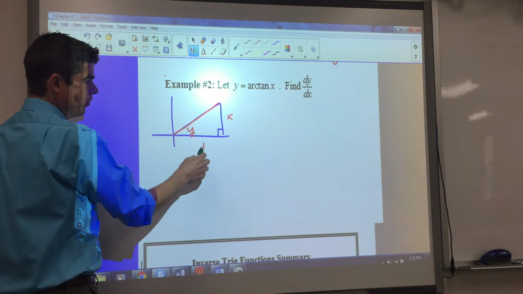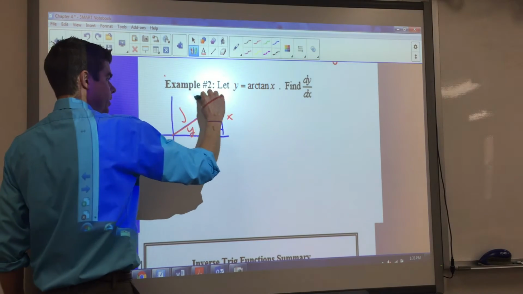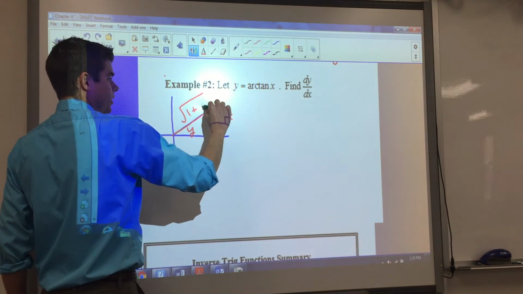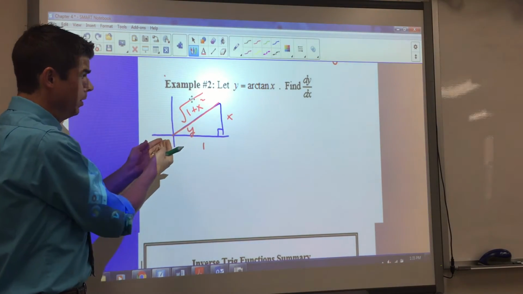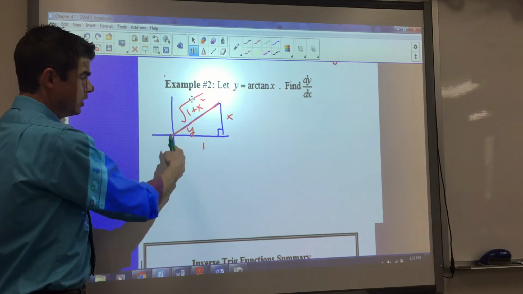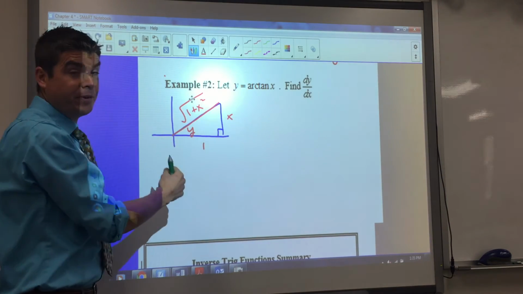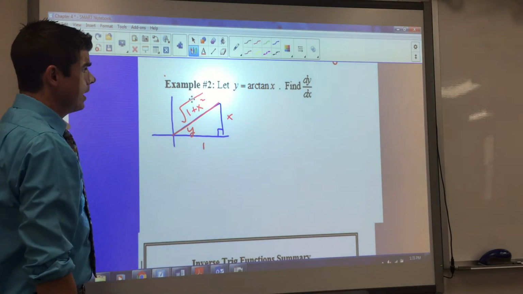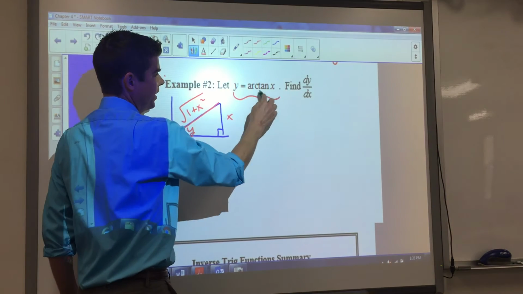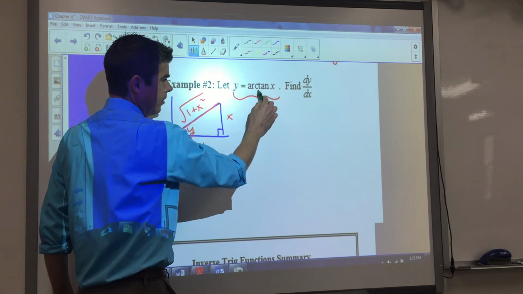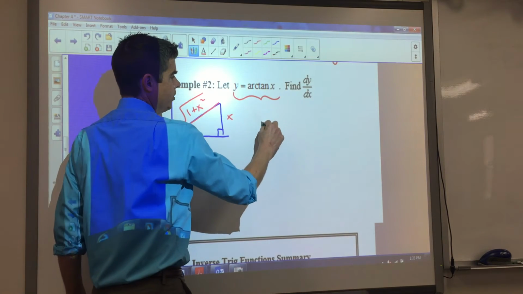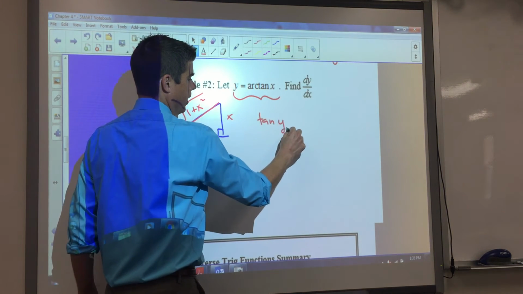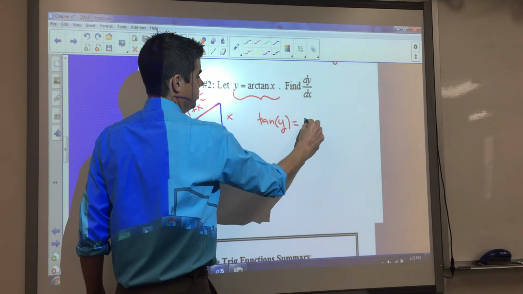This is the square root of 1 squared plus x squared. So already, I'm understanding why arctangent has a sum where arc sine had a difference, just based on what was the unknown and what you were looking for in your triangle. Now, another way to phrase this, if y is the angle whose tangent is a ratio of x to 1, I can also say tangent of y is equal to x.